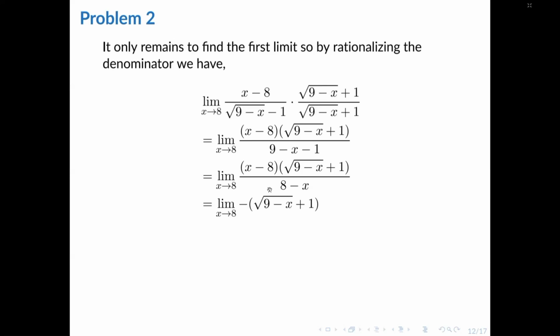So the resulting function will be negative square root of 9 minus x plus 1. So substituting 8 to get negative square root of 1 plus 1, which is equal to negative 2.